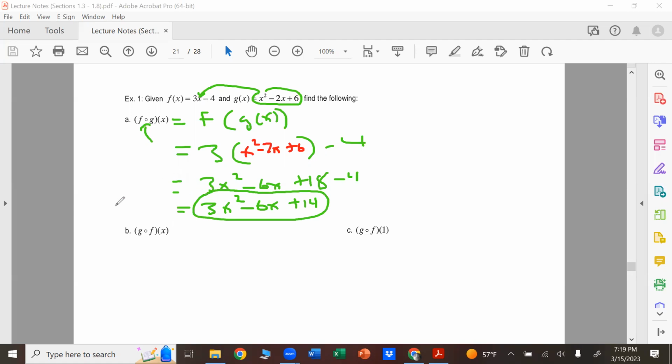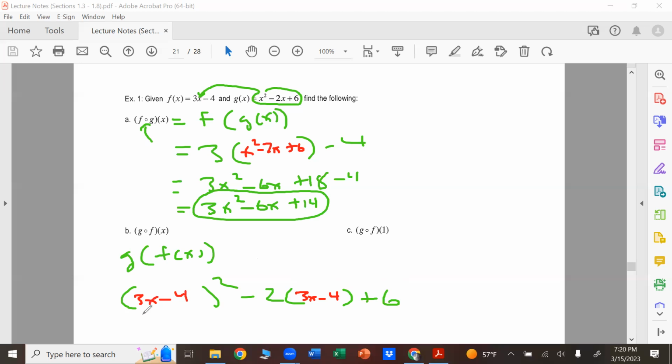Now the other way around, g of f of x, so you're plugging f into g now. f goes into the g function. So you're going to have something squared minus 2 times something plus 6. In this case, it's going to be 3x minus 4 and 3x minus 4. So that's what you plug in.